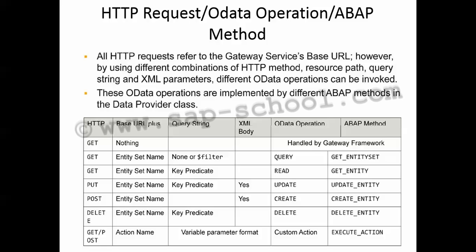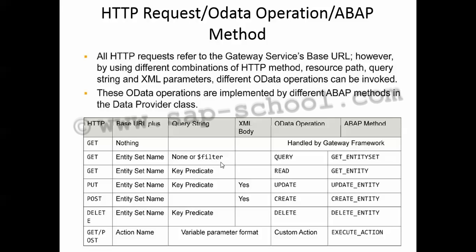After that, in this table we can see what my HTTP method is, what my base URL is, what the query string is, whether it uses the XML body, then the OData operation, and the ABAP method. In this case, for the GET method we have the entity set name, then in the query string we have none or $filter.